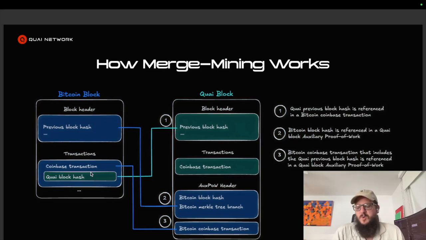The way it worked for Namecoin is there was Bitcoin, and Namecoin would insert its block hash into the Bitcoin header in the script sig. And if a Bitcoin block was found that had sufficiently high difficulty to show that a certain amount of work had been done, Namecoin would be able to interpret that Bitcoin header as its proof of work.